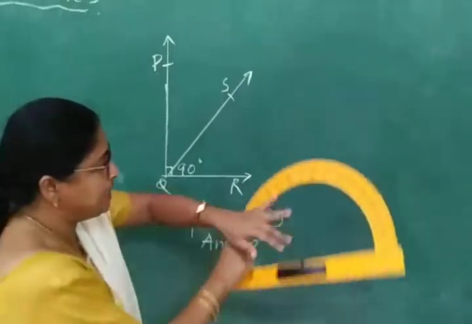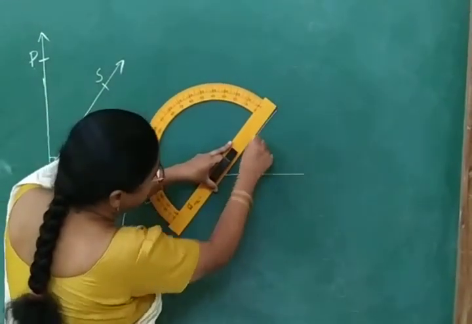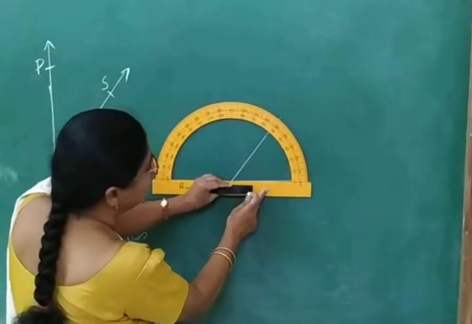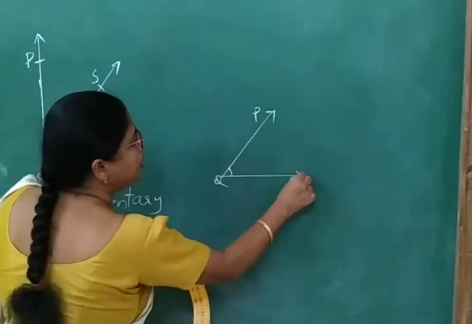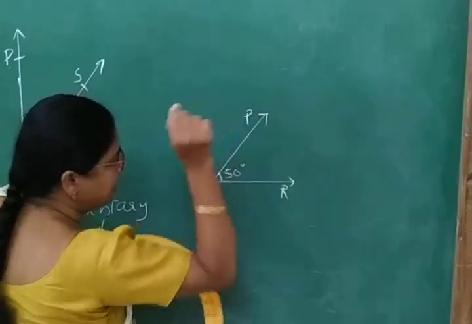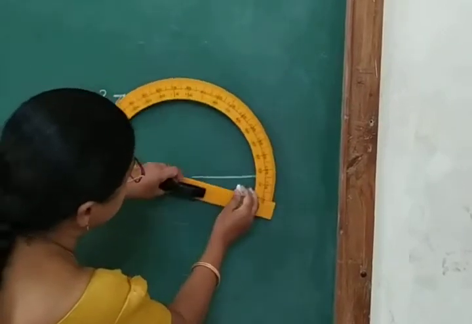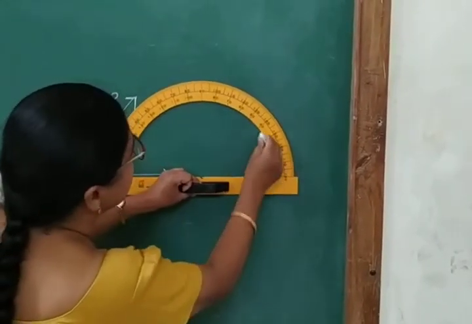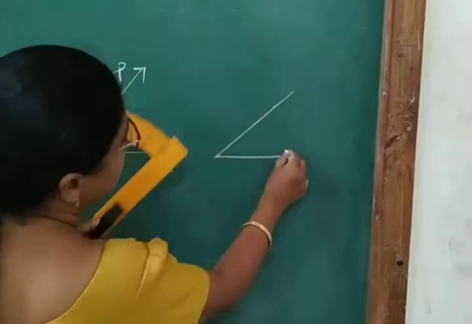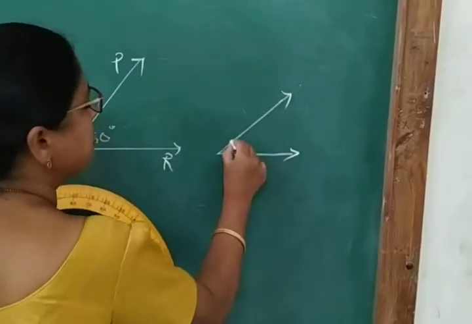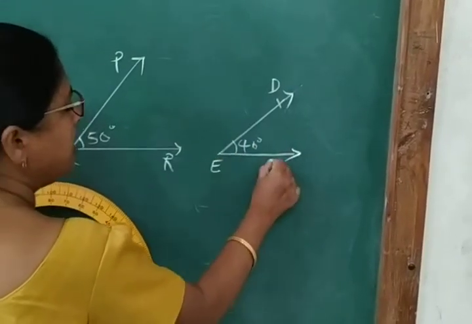Also, let me draw one angle. Let me check the measure of this angle. This is 50 degrees. So PQR is 50 degrees, and one more angle I will draw. If the measure of the second angle is 40 degrees, let us give the name DEF.